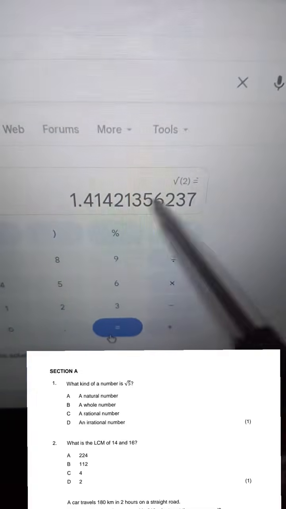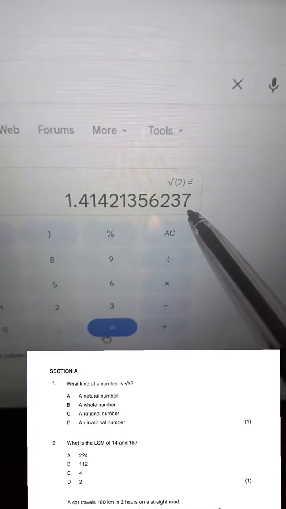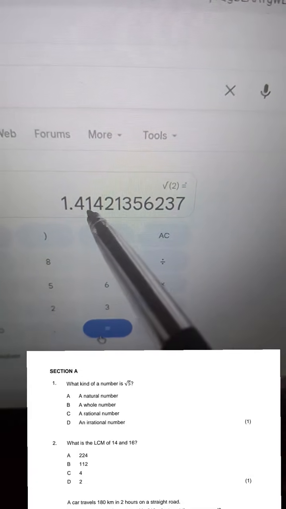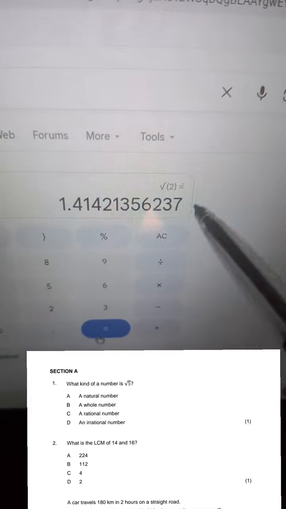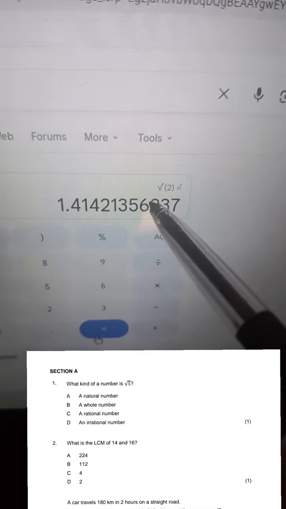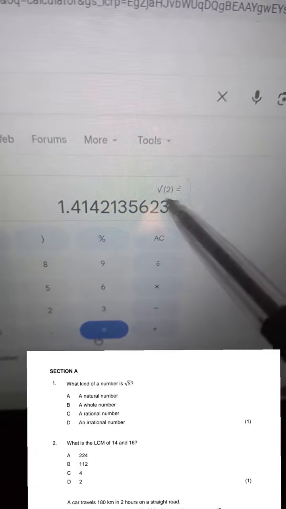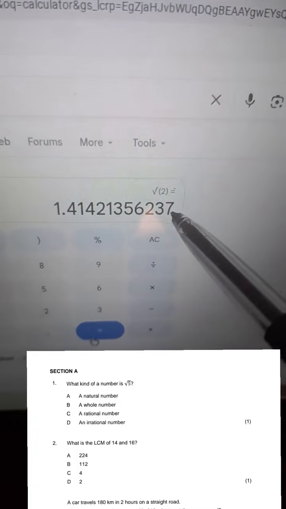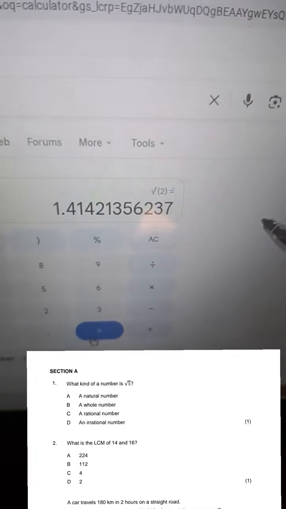Why do we say this is non-recurring? Because there's no repetition. Why do we say this is non-terminating? Guys, this here is the calculator interface. But if our calculator was extended further, you would see that there are other numbers that follow.